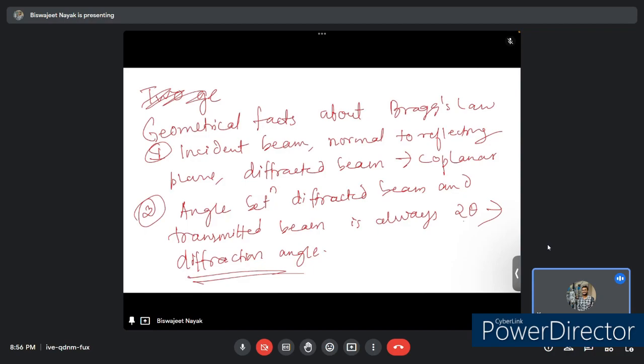It is always measured experimentally. The 2 theta which we always see in XRD samples is basically the angle between the diffracted beam and the transmitted beam.